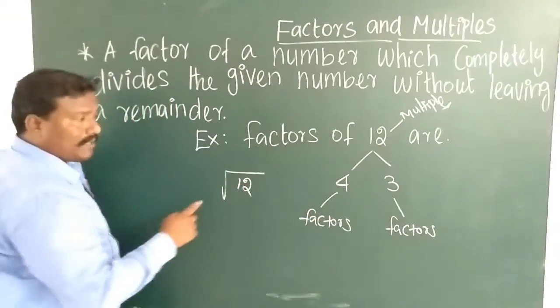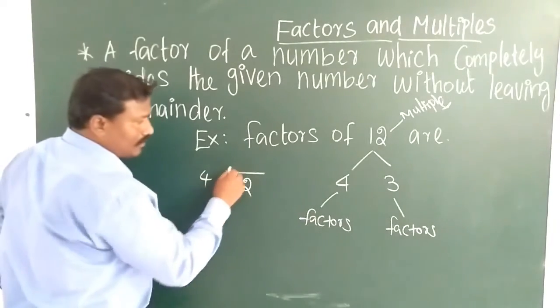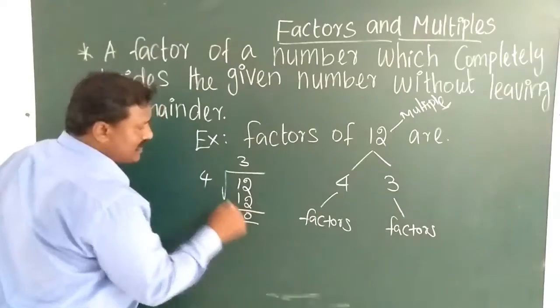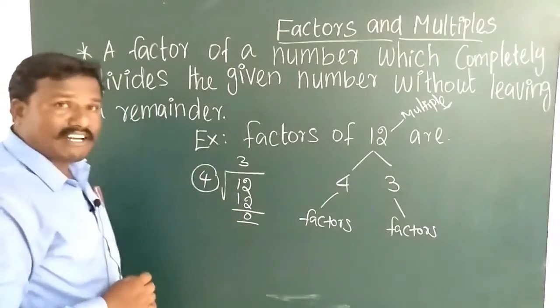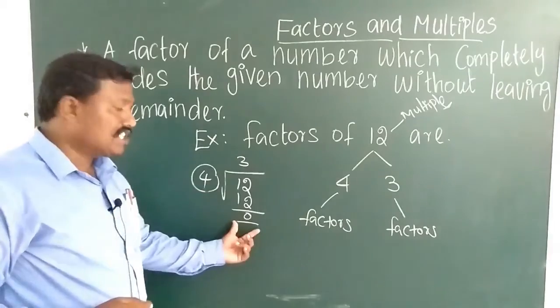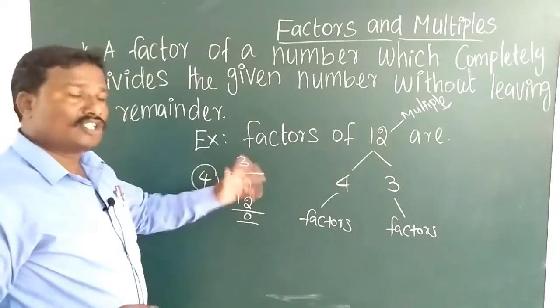Let me divide 12 by 4. How many 4s are there? 4 threes are 12, so 4 is a factor of 12. It divides completely, there is no remainder.